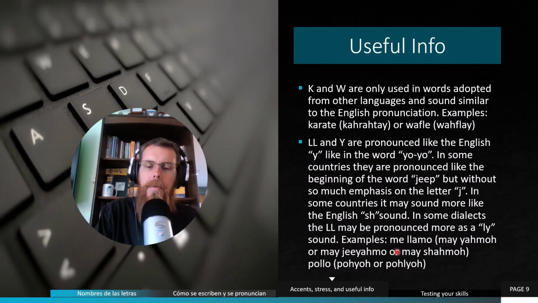The example where it sounds like a Y would be like "me llamo," and then pollo. So those are variations that happen. If you hear that, just understand that that's the kind of stuff that happens between different countries.